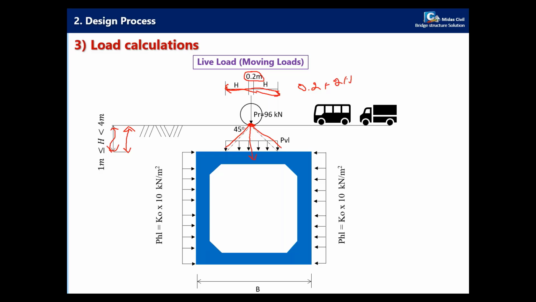This is the width where the influence of the load can be localized when we are calculating the live load. Based on the code, the minimum value we have to apply for the live load is 10 kilonewton per meter square.